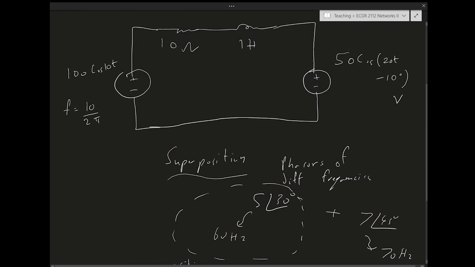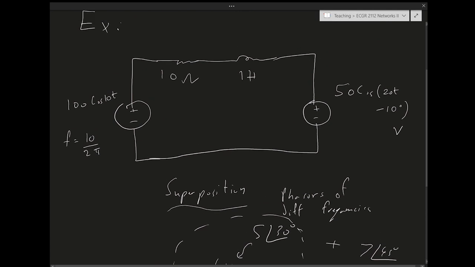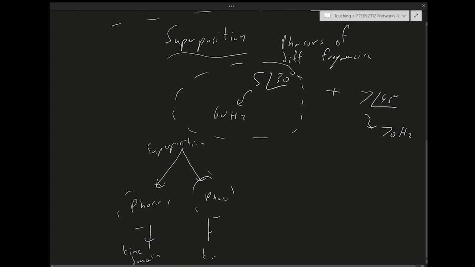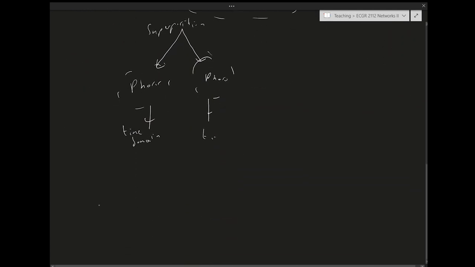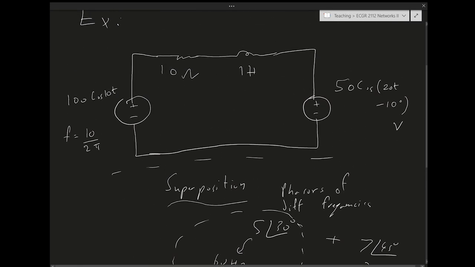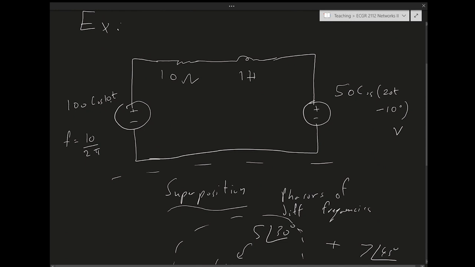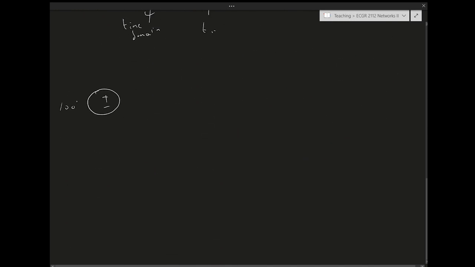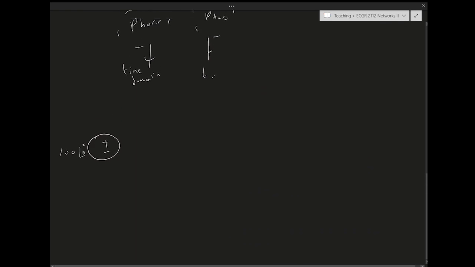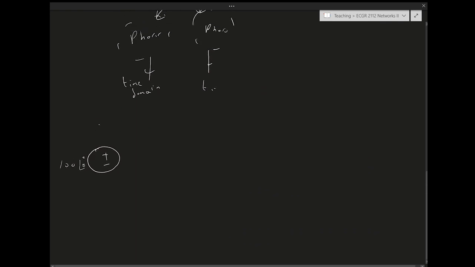Right? So in this example, the circuit that I have here can be split into two circuits using superposition. So I can split it into this circuit, which is 100. And once I've split it, I can change everything to phasors. So I split it into circuit 1, which is 100 cosine 10t, which is 100∠0 degrees, right?